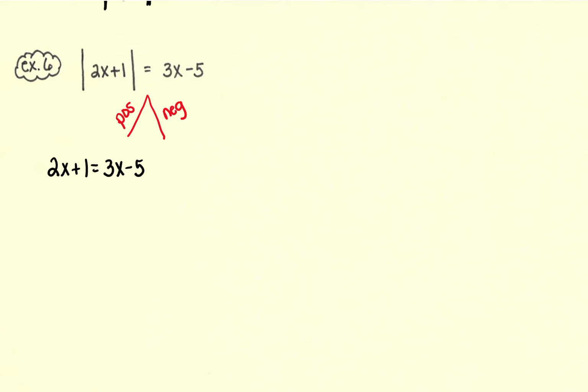That's where you write it just as you see it in the original problem. Now, when I break it into the negative side, you're going to keep this just the same, but it's this side over here that you want to negate all the terms. So that will be a negative 3x and a positive 5.